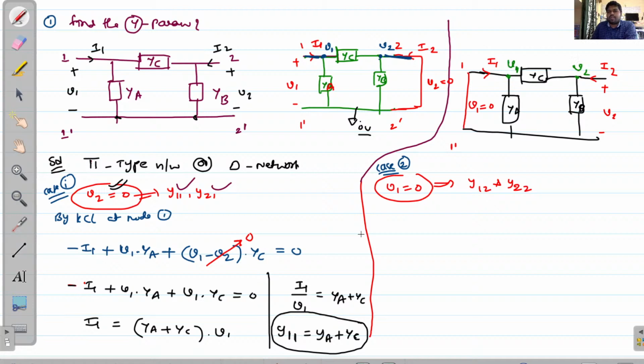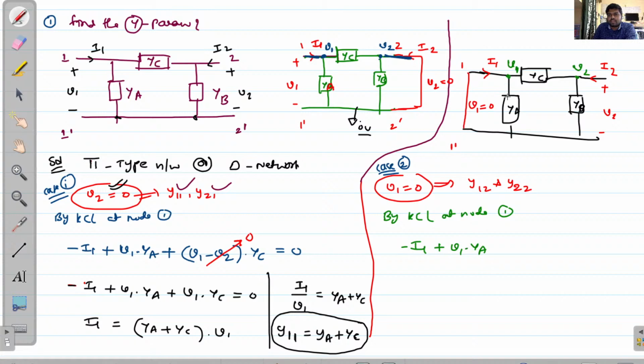Now you can take KCL at this node and KCL at this node. First I am taking this particular node, node 1, by KCL at node 1. From this node, I1 current is entering, so I am taking minus I1 plus V1 into YA.